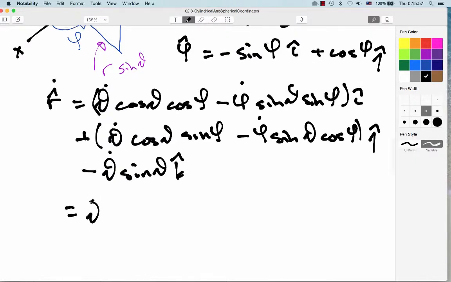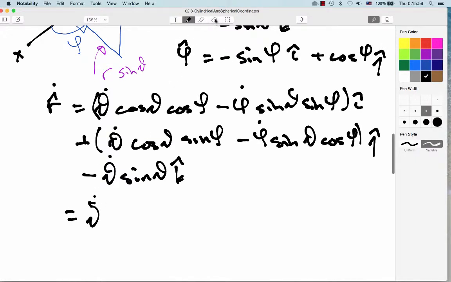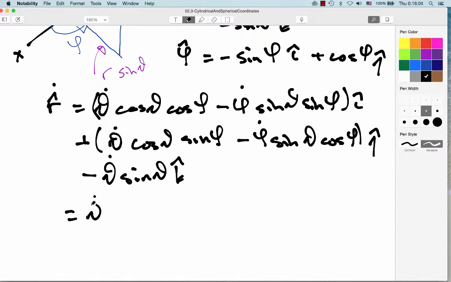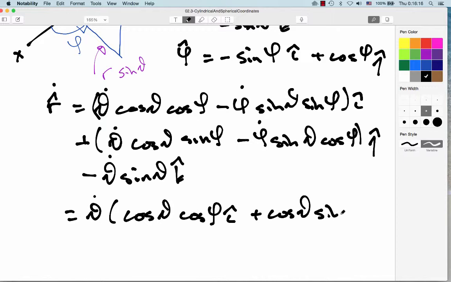So this will become theta dot times cos theta cos phi i hat plus cos theta sine phi j hat minus sine theta k hat.